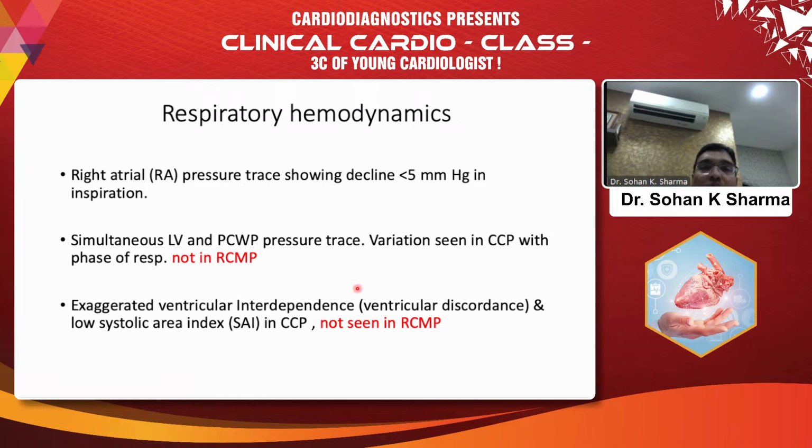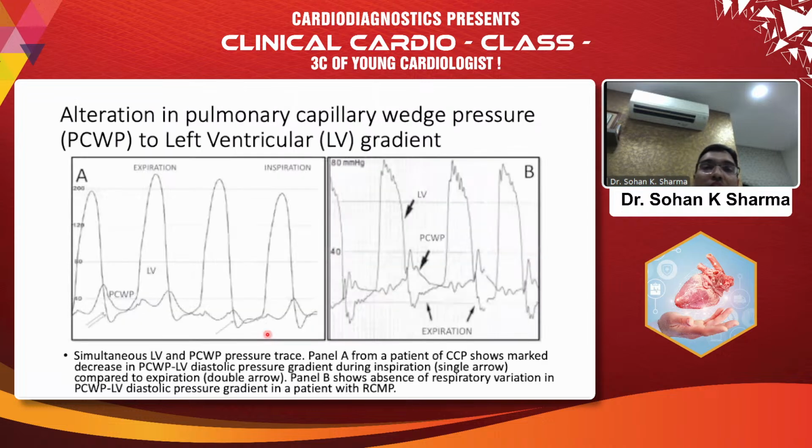Respiratory hemodynamics: there is no fall in the RA pressure with the inspiration. Simultaneously, LV and PCWP pressure tracing we've seen. There is a variation in CCP, but it is not in RCMP. And ventricular interdependence we see in the next slide. What is that? If ventricular discordance is seen, then it is CCP. If it is not there, it is RCMP.